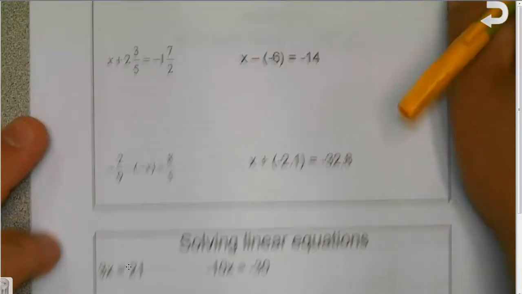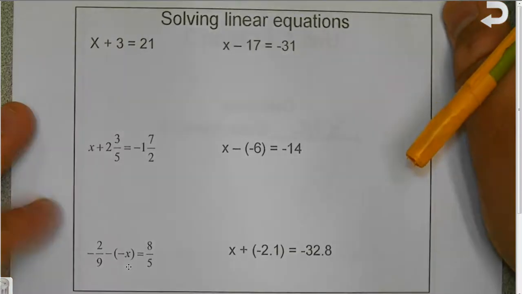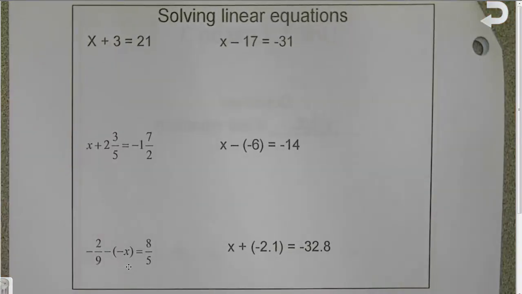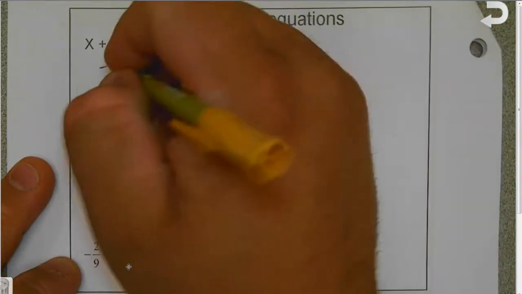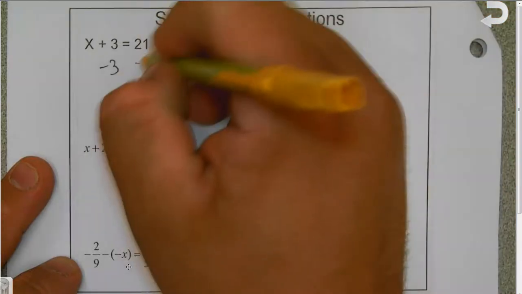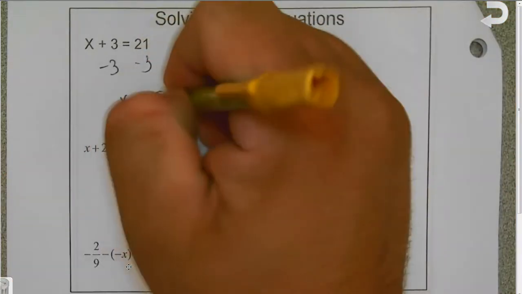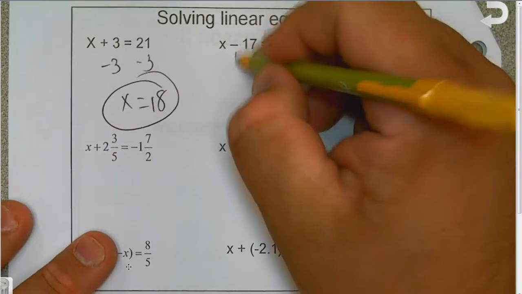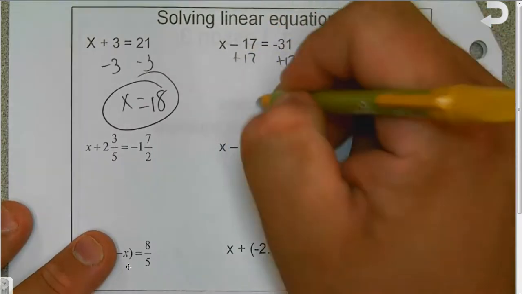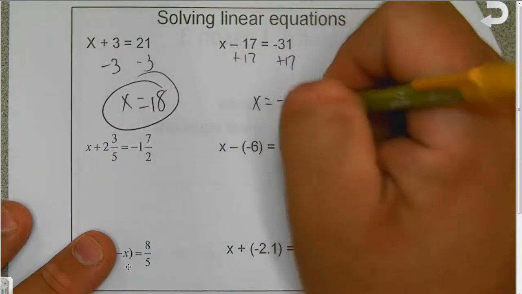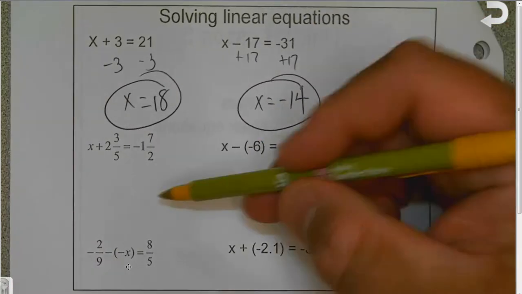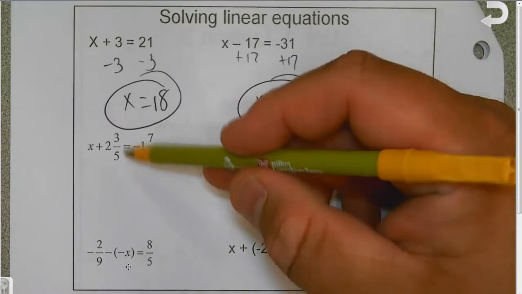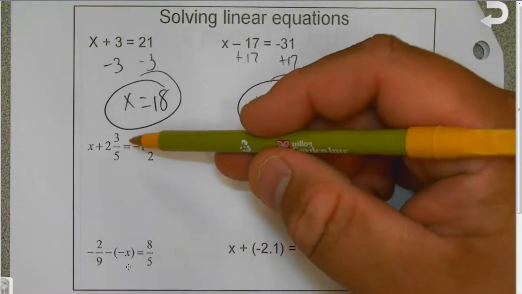Alright, so we have some simple one-step linear equations here. It's as simple as, okay, I subtract 3. I add 17. Fractions, we've talked about how to deal with those.